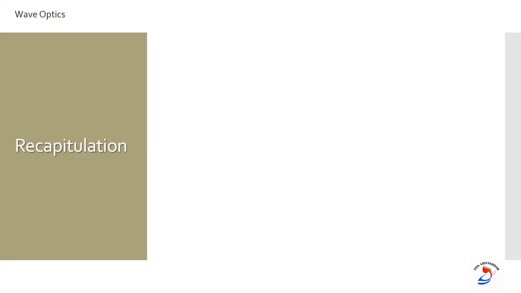Now let's recapitulate. We have studied in this session about a ray. What's a ray? It's an arrow perpendicular to the wavefront. It shows the direction of propagation of the wave. And you know what is a wavefront? It's all the particles which are vibrating in the same phase at any given instant of time.